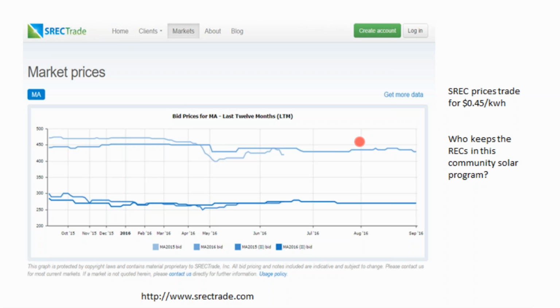Their renewable energy credit program, their state-level cap and trade program, values solar renewable energy credits at 2 to 3 times above the retail price of electricity. So the carbon credit that the solar array produces is worth far more than the value of the electricity itself.